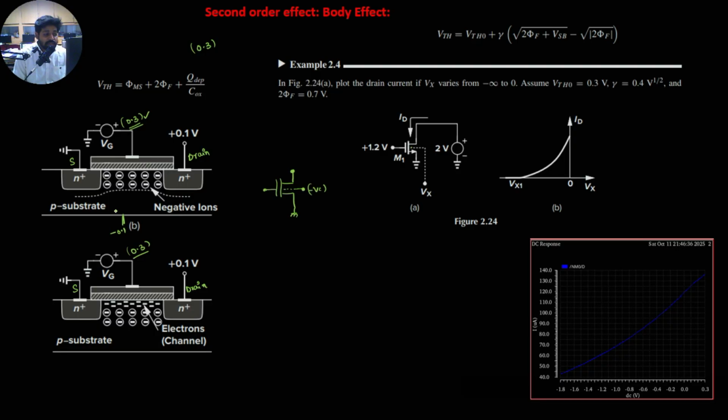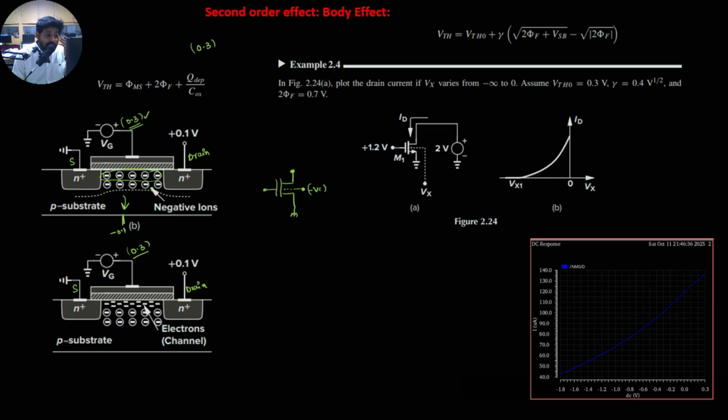something, negative voltage is given, then what happens? Whatever negative ions were created up to now, because of the negative voltage, more negative ions will be left behind, because holes are attracted towards the negative charge. So if more holes are attracted, a larger amount of negative ions will be left across the channel.